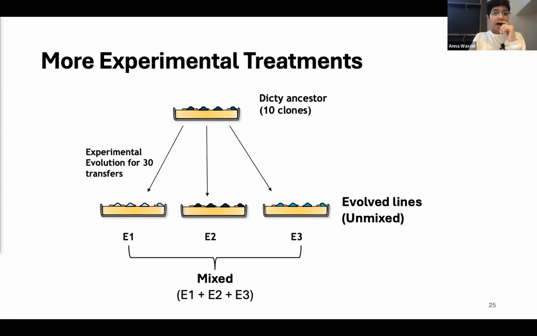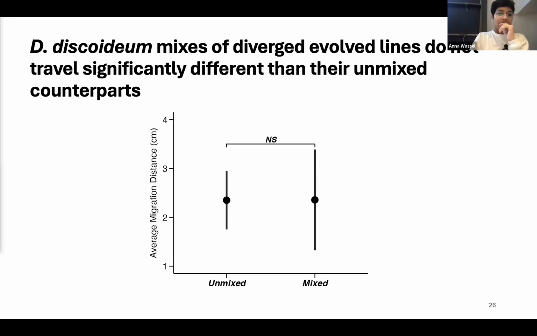This time I made a mix of the evolved lines that had diverged from each other for a particular clone, and then measured the same thing, their average slug migration distances. And guess what? I again found that there wasn't a difference between whether you are an unmixed fruiting body or whether you develop from a mixed propagule.